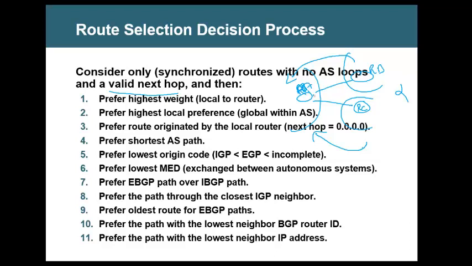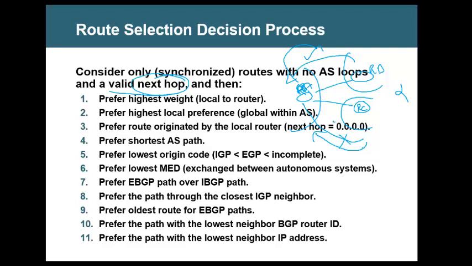Now router A will check whether I am able to reach the next hop given by these two routers. Say for example, router B has given a next hop which is pingable from RA, but the next hop given by RC is not pingable.